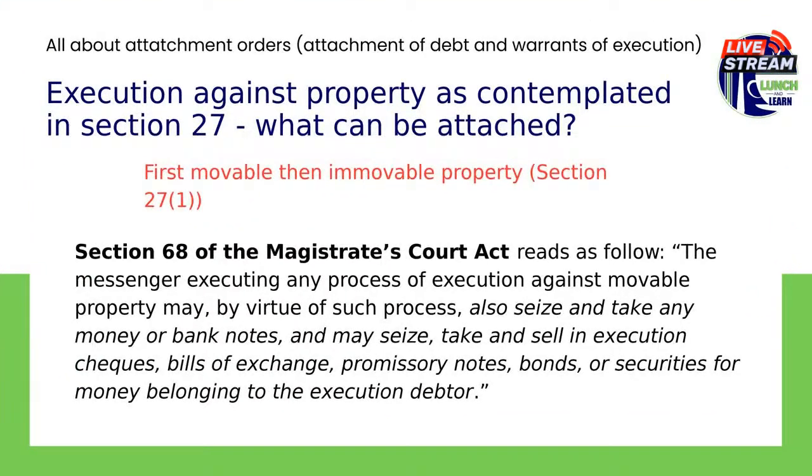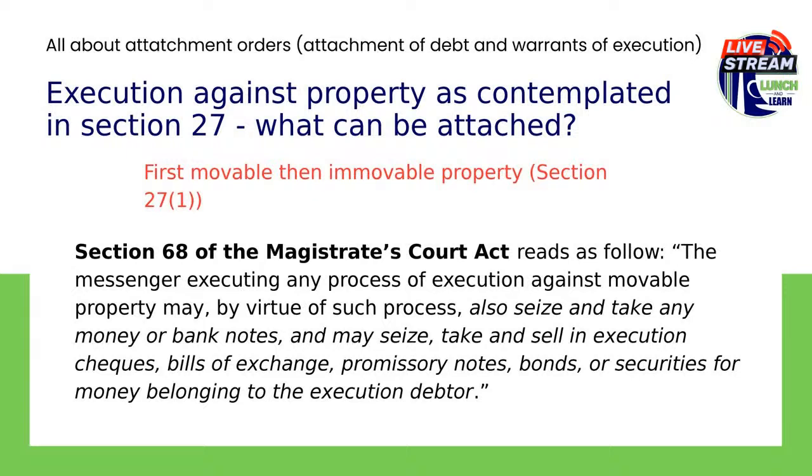Very important, like I mentioned quite a number of times before, Section 27(1) clearly states that first the movable property needs to be attached before you can apply for immovable property. So in practice, what would happen is a nil bona sheriff's return, which is also a term you might encounter while using this process.